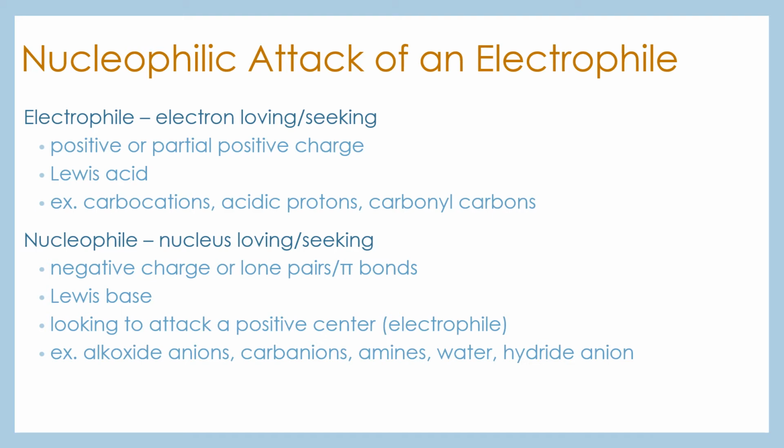A nucleophile is nucleus loving or seeking. It is going to have a negative charge or lone pairs or pi bonds. It's going to be a Lewis base. It is looking to attack a positive center, and it includes things like alkoxide anions, carbanions, amines, water, the hydride anion, and this list could go on.